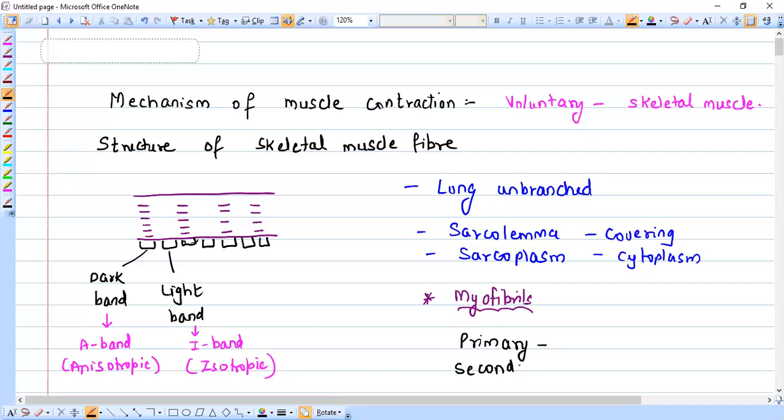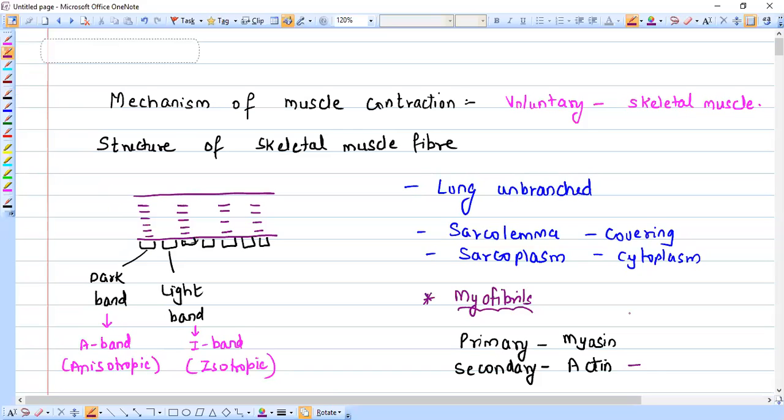The primary one is called myosin and the secondary one is called actin. Remember, actin and myosin are the two important muscle proteins for contraction.